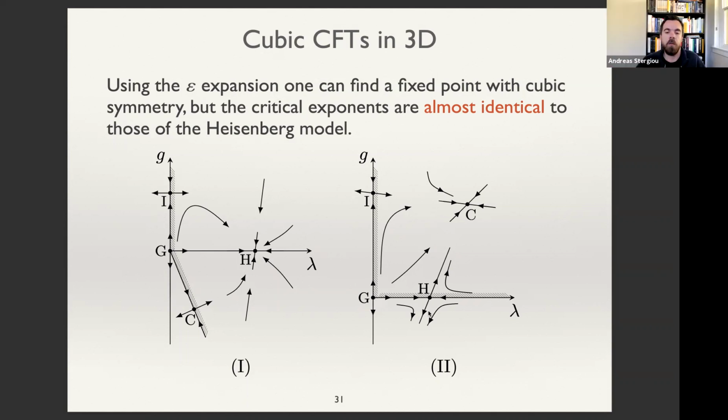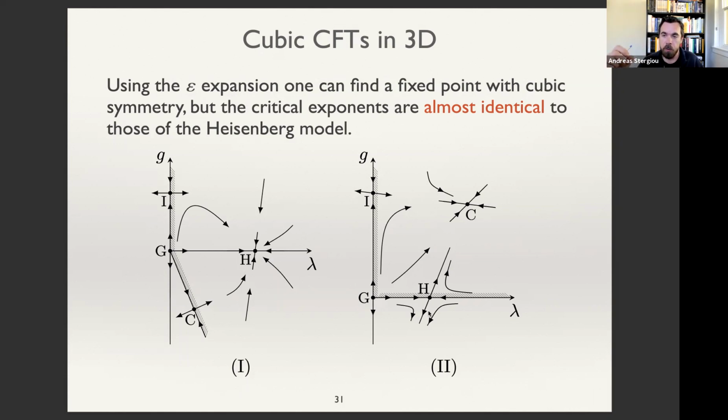Yeah, so what we know from the bootstrap is that for n equal 2, the dimension of the leading singlet of O2 is above 1.5. That means that when you take two decoupled O2s, the next-to-leading scalar will be twice that dimension, so it will be above marginality.